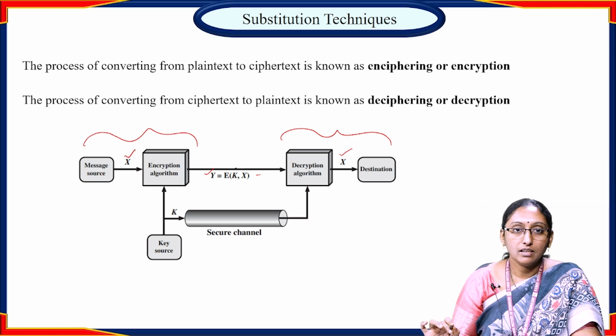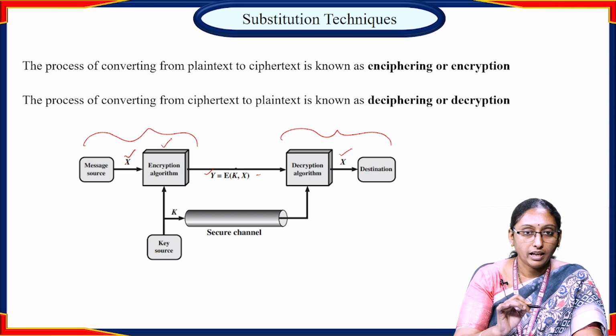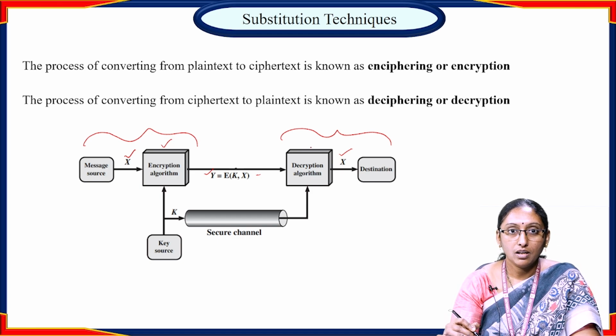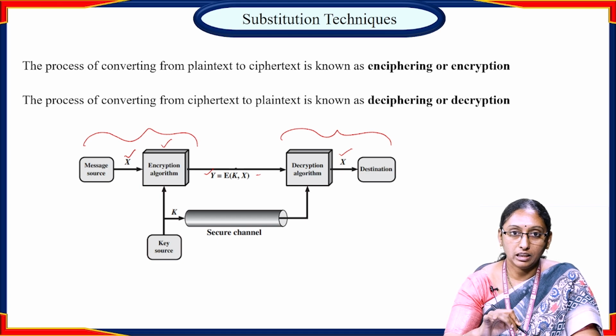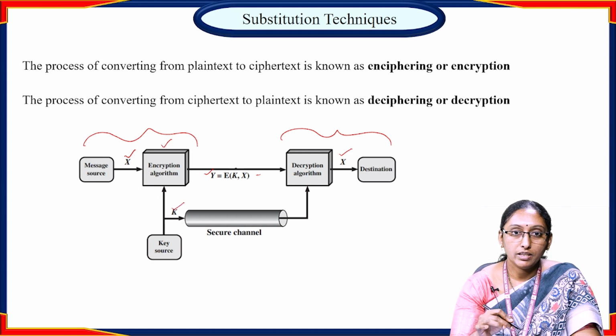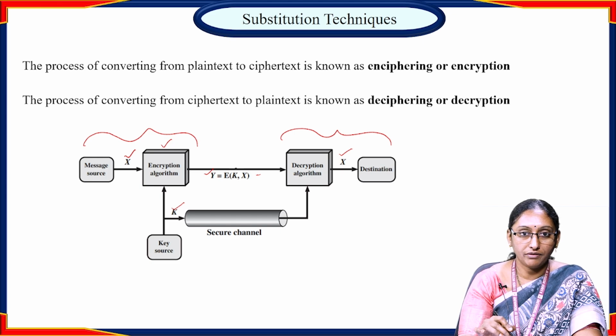For this transformation, the source side uses the encryption algorithm, and the destination side uses the decryption algorithm. It is the same algorithm used at the encryption side but in reverse. These algorithms use a secret key K. The encryption algorithm uses secret key K to transform plain text to ciphertext.